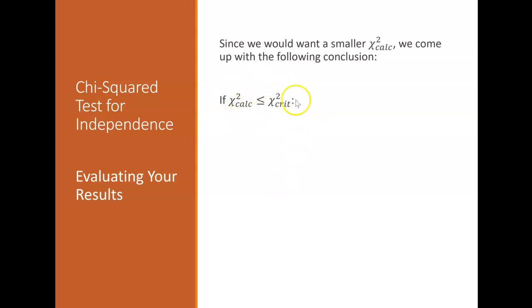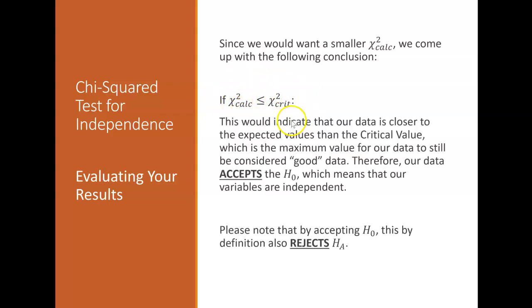If your chi-squared calculated is less than your chi-squared critical, we would accept the null hypothesis and by definition then reject the alternative. Or you can say fail to reject the null, that's fine, and reject the alternative. So again, the conclusion here is you want the chi-squared calculated less than the chi-squared critical.